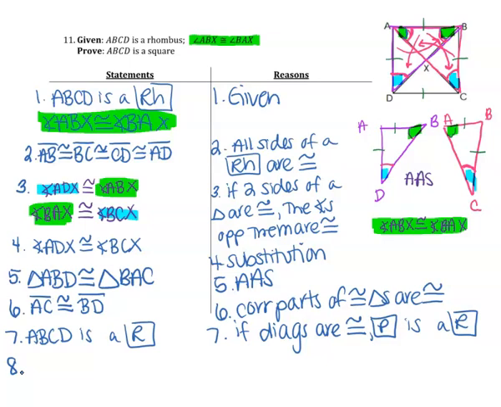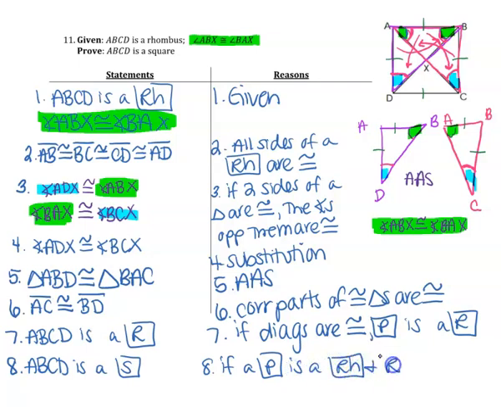And now that I've proved that it's a rectangle, and remember they gave me that it was a rhombus, I can then say it's a square. So if a parallelogram is a rhombus and a rectangle, it's a square.